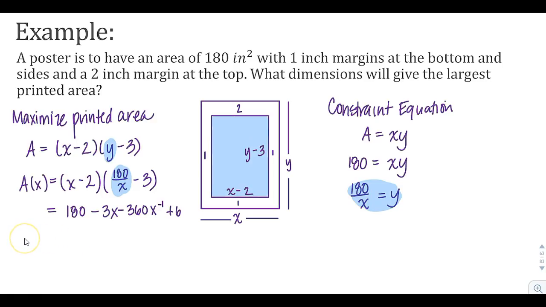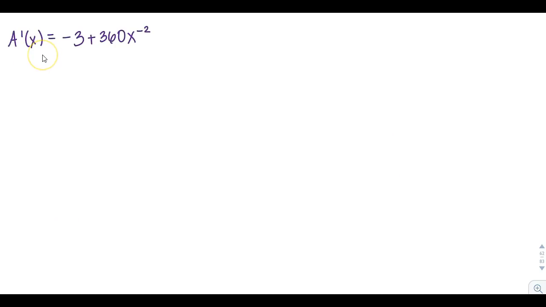So now when I take the derivative, I will have A prime of x equal to negative 3 plus 360 x to the negative 2. Now we simplify that to negative 3 plus 360 over x squared. So I would make the denominator here x squared, the numerator x squared.